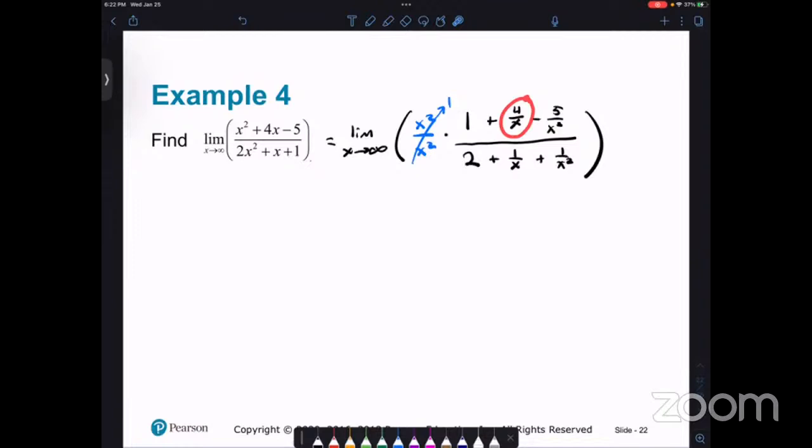Because if you think about it, 4 divided by 1 is 4. 4 divided by 2 is 2. 4 divided by 4 is, sorry, 1. 4 divided by 8 is a half. 4 divided by 16 is a quarter.